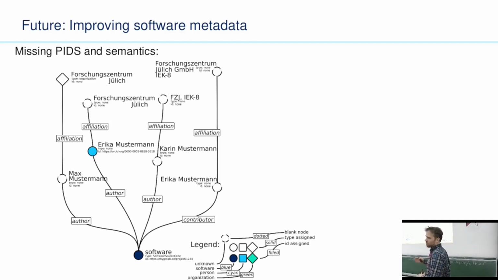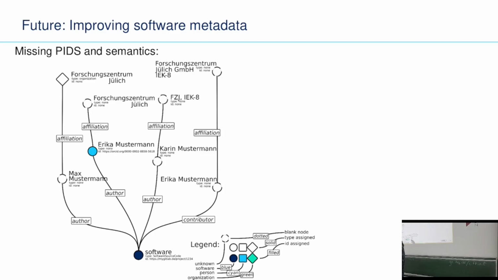It's not typed, so you don't know if this is an organization or not, and there's no identifier given for it, so you cannot map these nodes together in a linked data fashion, so you get kind of bad linked data.